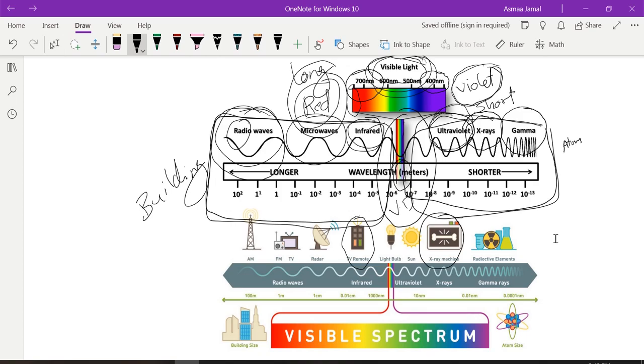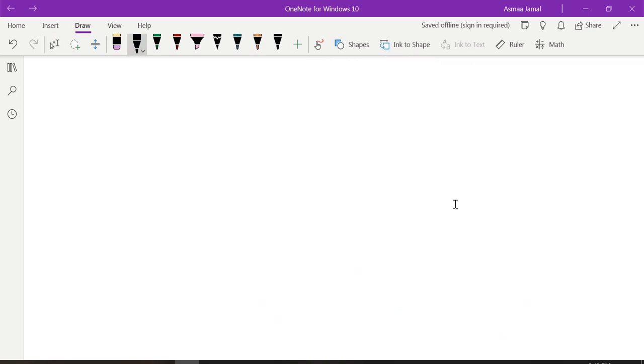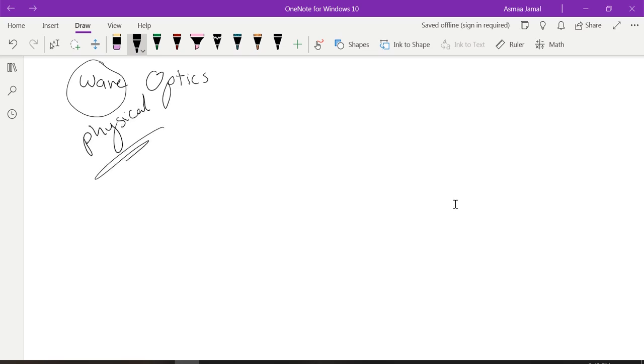Again, the section of optics that deals with the behavior of light and its wave characteristics is the wave optics, or also the physical optics. So physical and wave optics is the study of the light behavior and different phenomena of the light, such as diffraction and interference of the light.